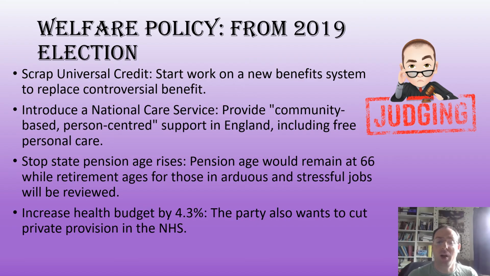They also talked about an increase in the health budget, and an attack on any private provisions within the NHS. Again, it's hard to tell exactly how much of that will remain, but I think more of this is likely to stay with Starmer's Labour Party than maybe some of the economic policies.